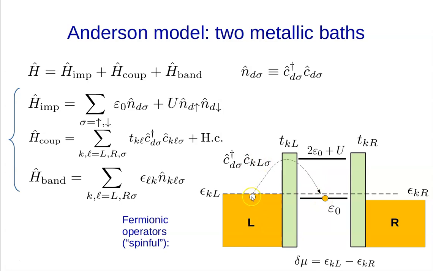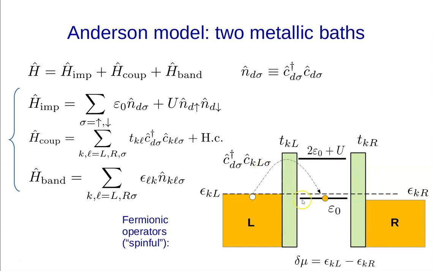Okay, it is energetically favorable for the electron to do it, because this level is slightly below the energy of where this electron was. So you can think that I create a hole here and create an electron here.